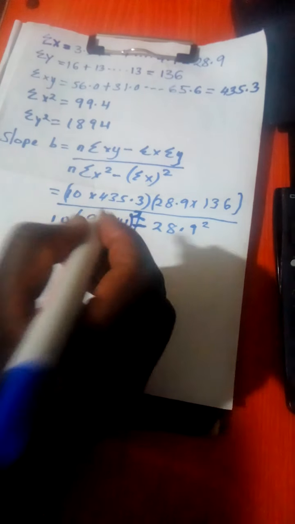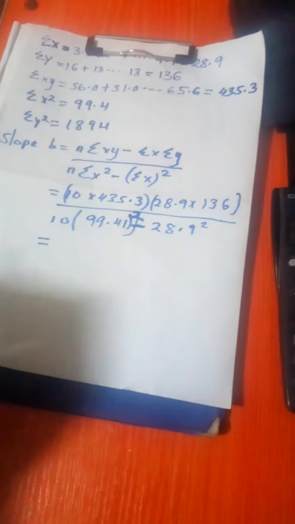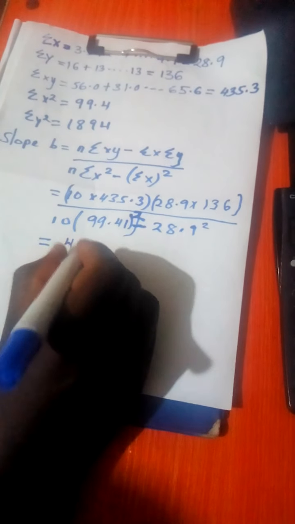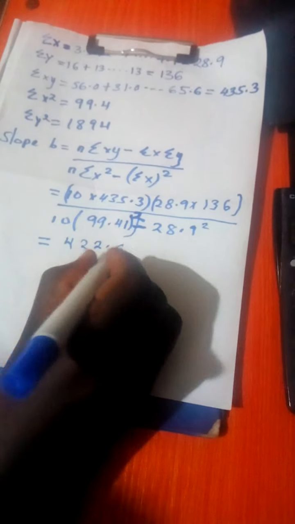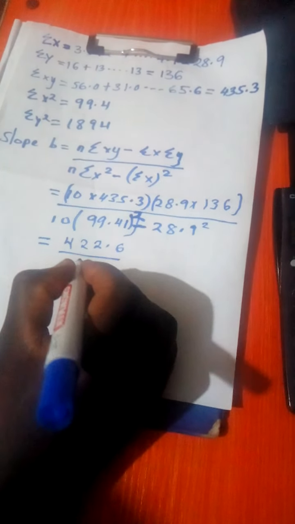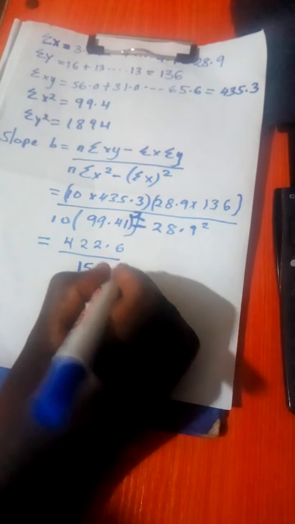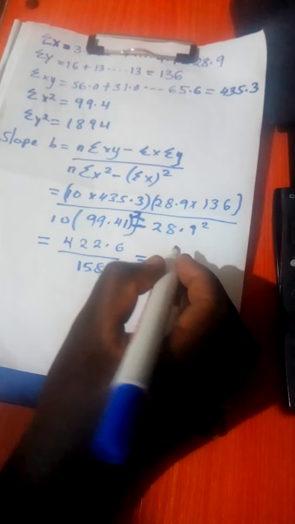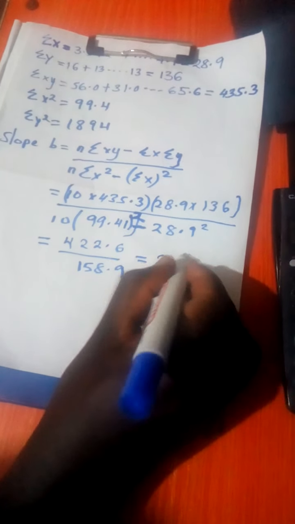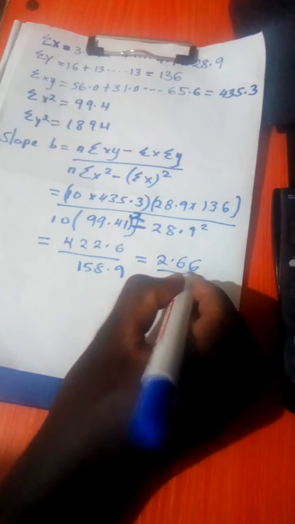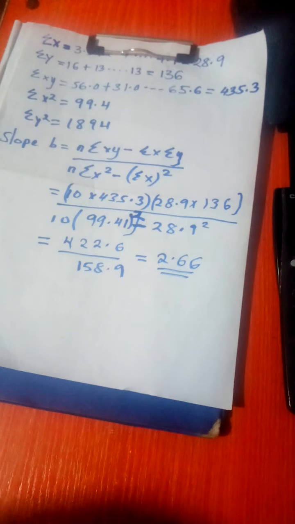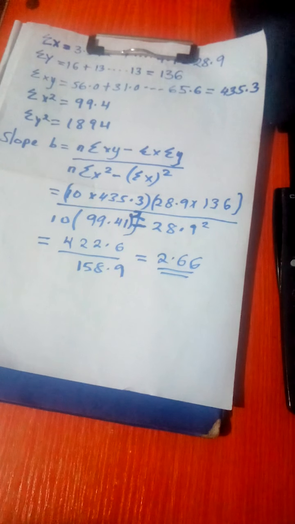If you work that out carefully, you will get 422.6 over 158.9. The answer is 2.66. Now 2.66 is the slope b.